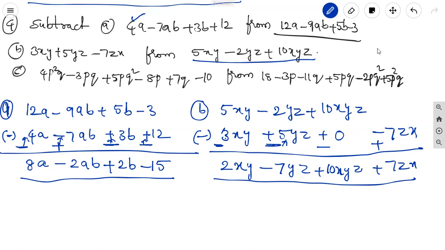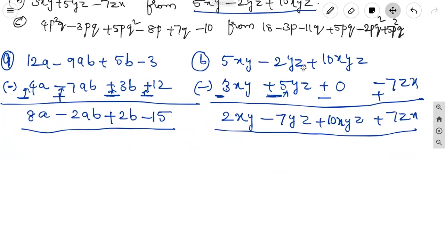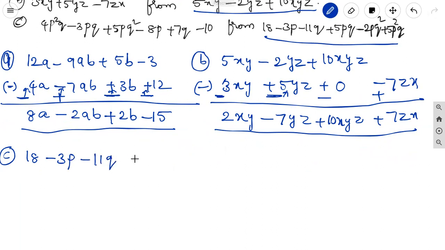Next, third question. From means we write this expression first. 18, C bit, 18 minus 3p minus 11q plus 5pq minus 2pq square plus 5p square q.